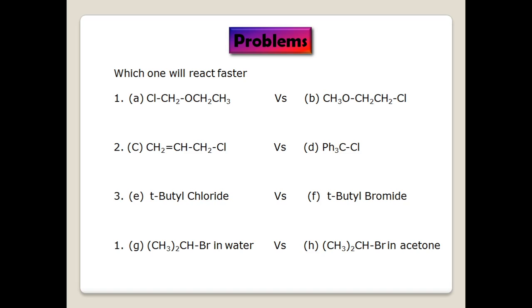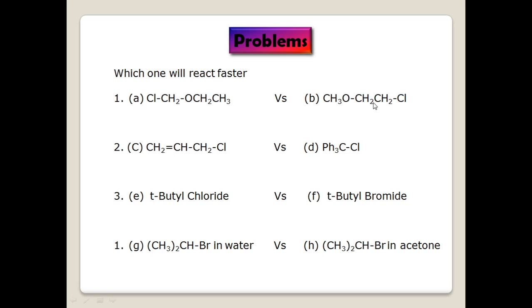Now, for having more clarity, we will see a couple of examples. In each case, we will compare the left hand side with the right hand side. So in the first example, we will compare A and B. If you look at A, once the carbocation forms in the carbon where my arrow is shaking after chloride leaves the substrate, oxygen is sitting just beside it, and we know oxygen has a lone pair of electrons which can donate it resonatically.